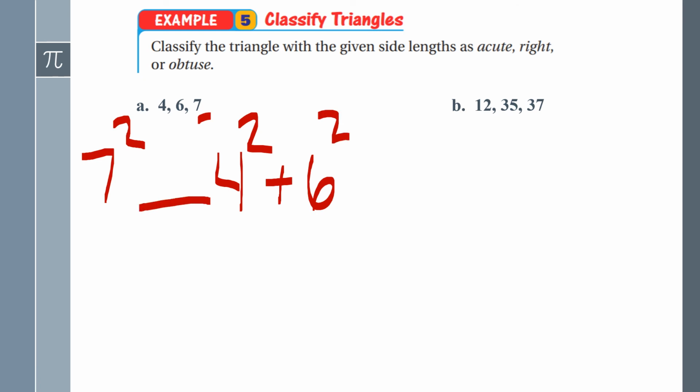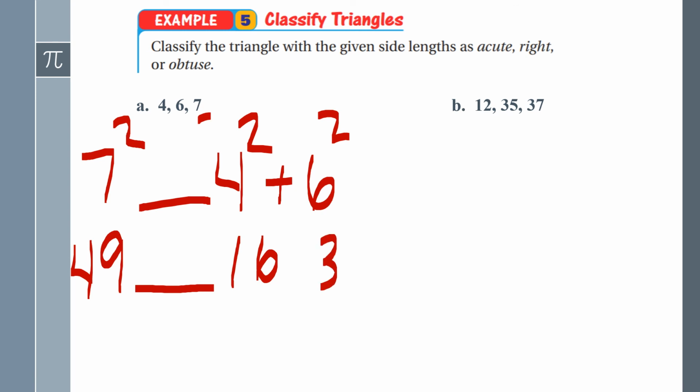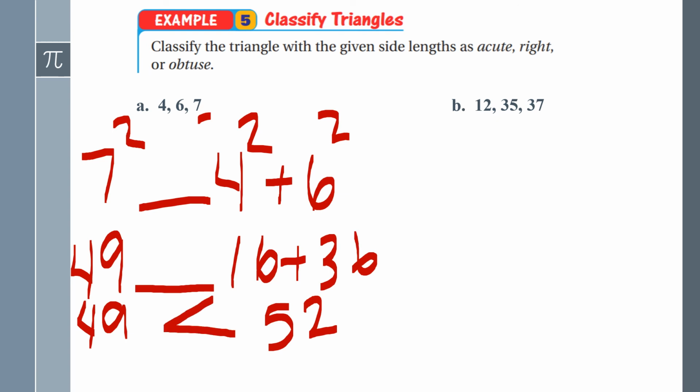We want to compare them at the end. 7 squared is 49. 4 squared is 16. 6 squared is 36. Add those 2 squares together, I get 52. And now I want to compare 49 to 52. 49 is less than 52, so this is an acute triangle.